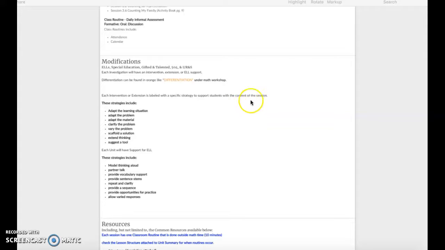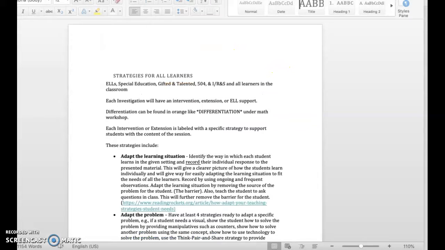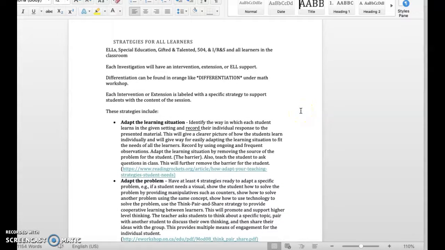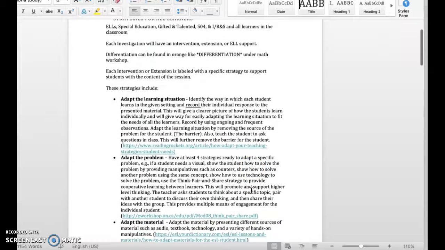So I'm going to move on to my work, which is the modification section, which I chose to call Strategies for All Learners. I expanded on the strategies, as you see right here, with the UDL principle in mind, and I provided specific approaches for teachers to use in the classroom.